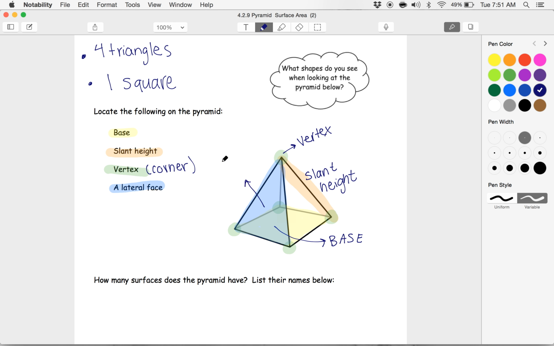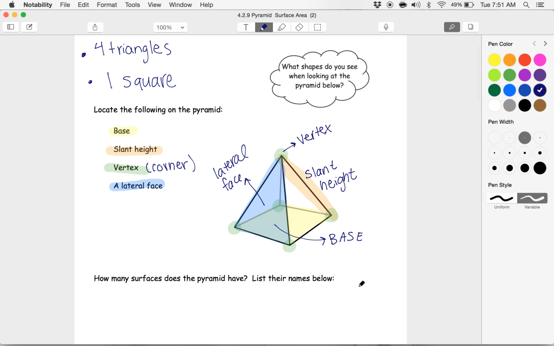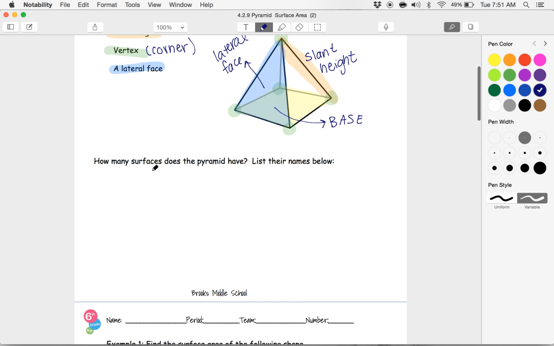And then just labeling this as lateral face. Okay, so how many surfaces does this pyramid have? How many faces did it have? It had 5 faces. We had the 4 triangles and the 1 square base.